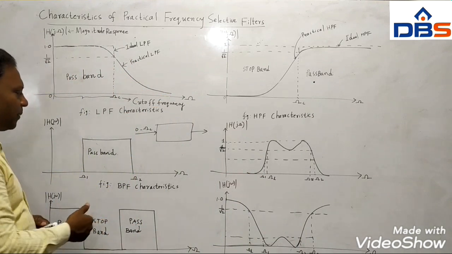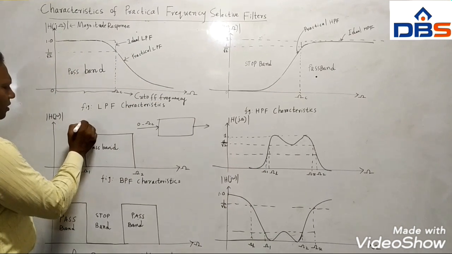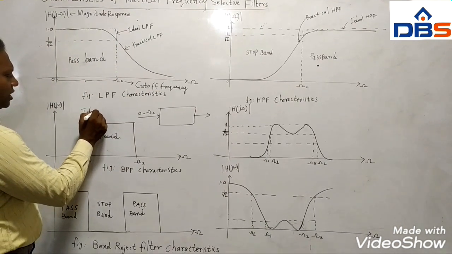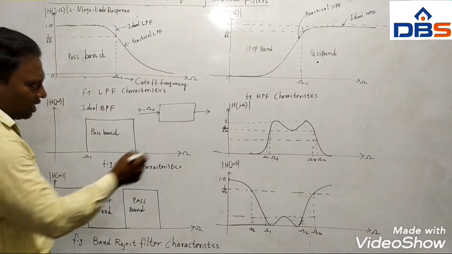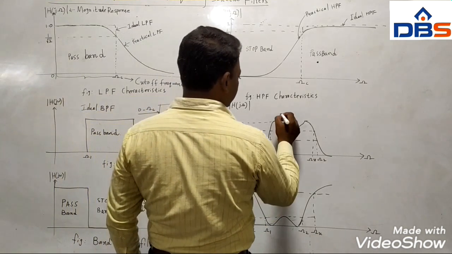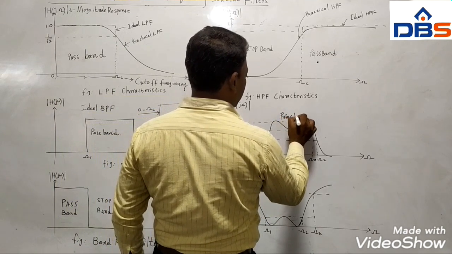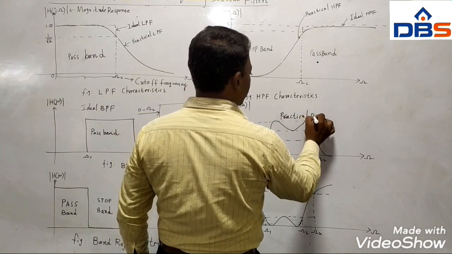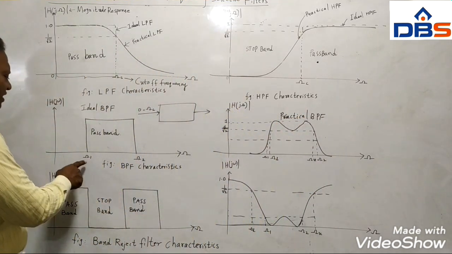Coming to the band pass filter characteristics, these are done separately. This is the ideal band pass filter characteristics, and this is the practical band pass filter characteristics. Ideal and practical. Now, it is simple to understand.